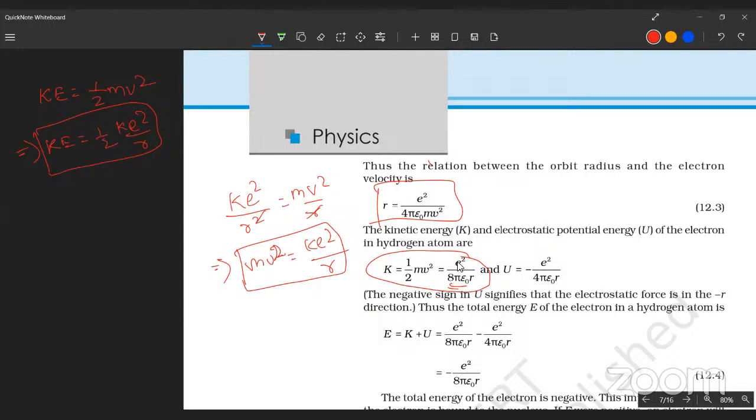So from where is this 8 pi epsilon naught coming? We have written kinetic energy is half K e square by r. In the book it is written kinetic energy is e square by 8 pi epsilon naught r. So how have they written this? They are multiplying 2 in the denominator, and then the value of k they have replaced. What is the value of k?